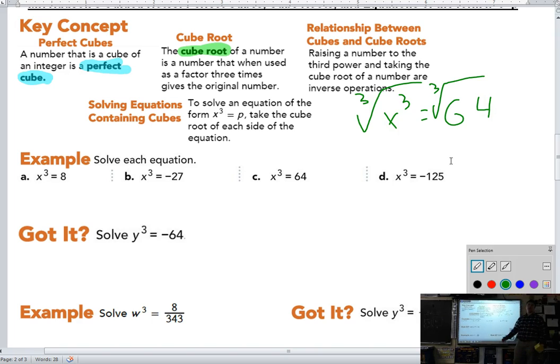And your answer would be 4, because it's like multiplying a number 3 times. So instead of just 2 x's in here, you have 3. So it's like x times x times x equals 64. It's just like adding one more x from the last set of problems.